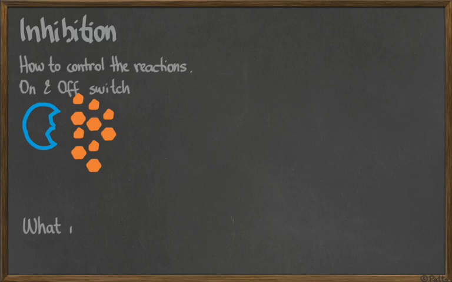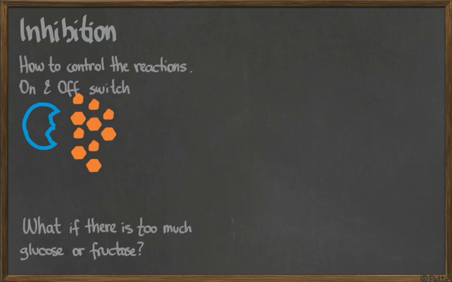But here, there's a catch. If you start having so much glucose and fructose around, and they are not being consumed, so basically you start having way too much, your body should say, okay, maybe I don't need so much glucose and fructose, maybe I should stay with the sucrose, the initial stuff. Because if you have too much of something, I don't need that, so let's make it stop.